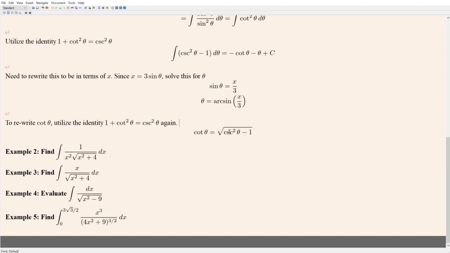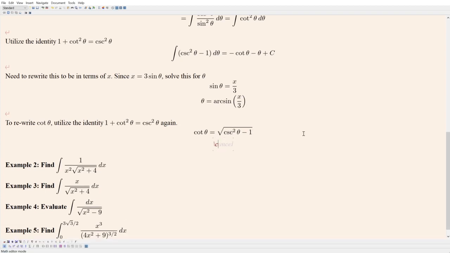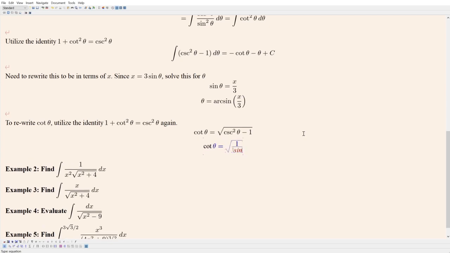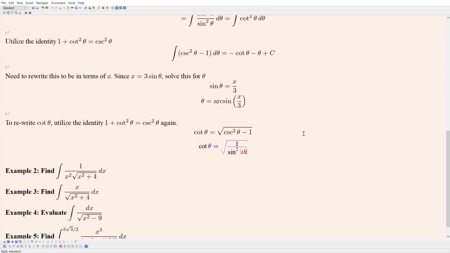Well, how does this get us anywhere? What the heck is cosecant? Well, remember, cosecant is 1 over sine. So this is, in fact, the square root of 1 over sine squared theta minus 1. Now, how does that help us? Well, because we already know that sine is equal to x over 3. That was the case by definition.